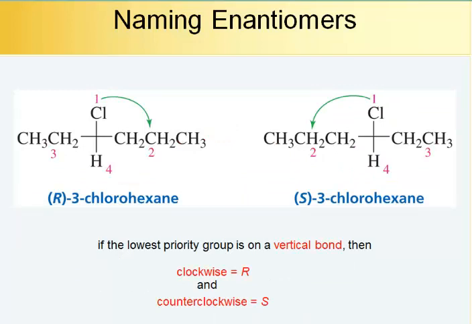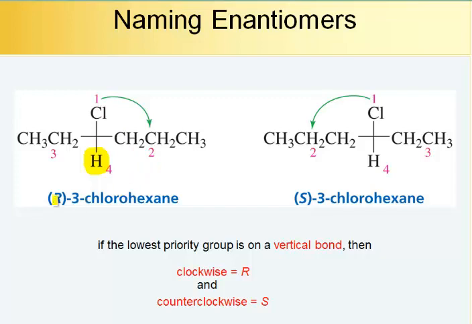When you have a Fischer projection, in order to name the enantiomers, you have to look at where the lowest priority is bonded. For example, when the lowest priority is bonded on the vertical, then clockwise is R and counterclockwise is S. So wherever you go from 1 to 2, ignore 4 and go to 3.